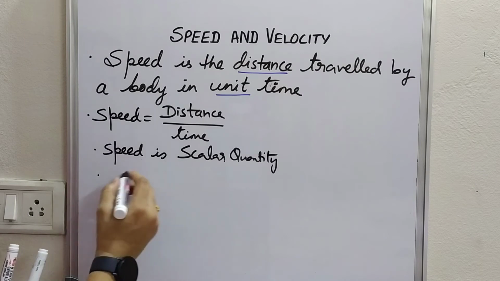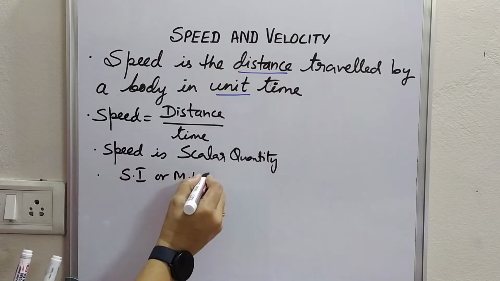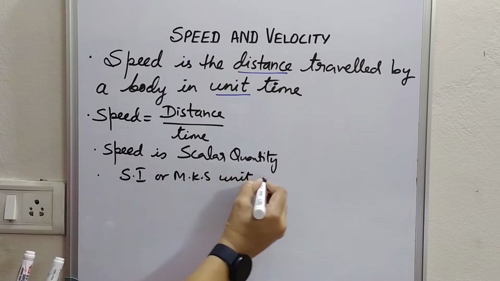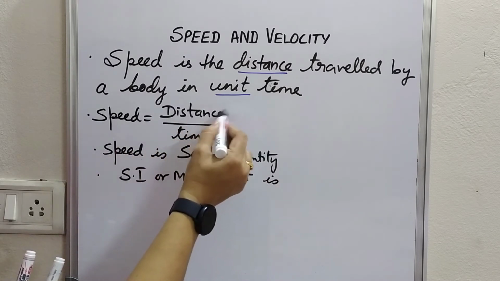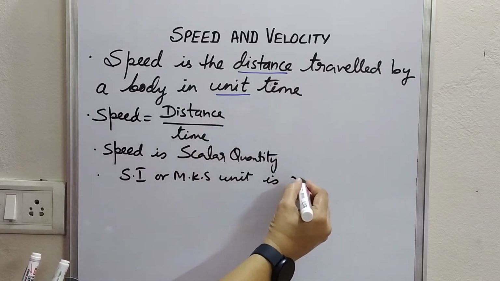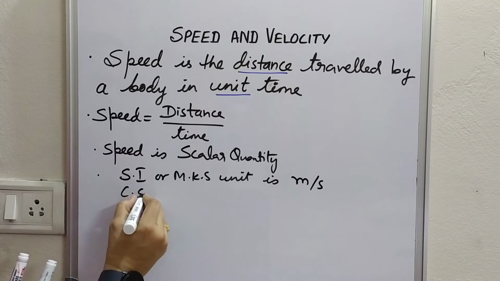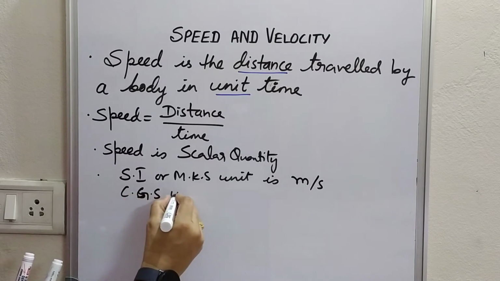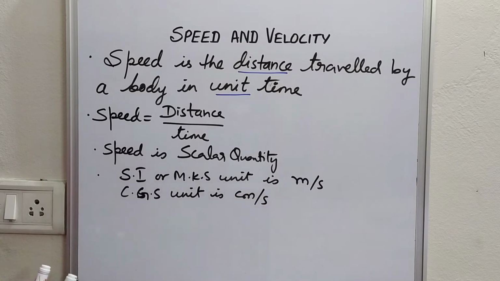The SI or MKS unit of speed we can find using the formula. Distance is meters, time is second. So meter per second or meter second inverse, and the CGS unit of speed is centimeter per second.